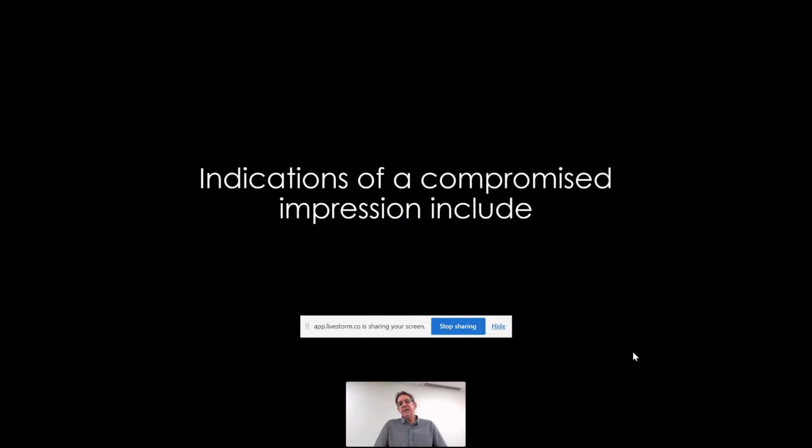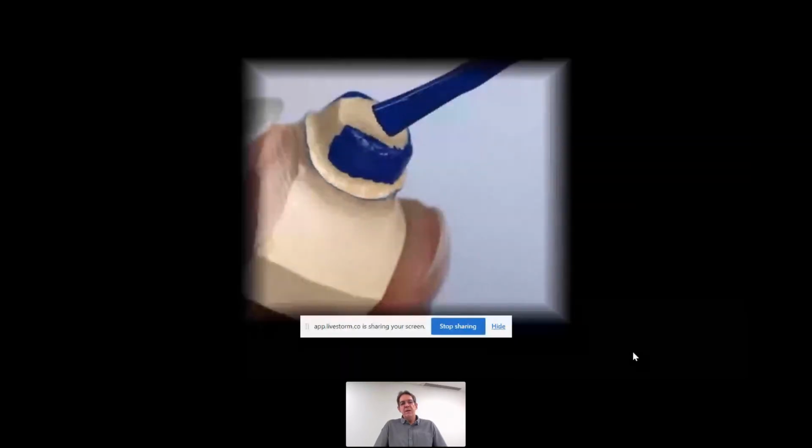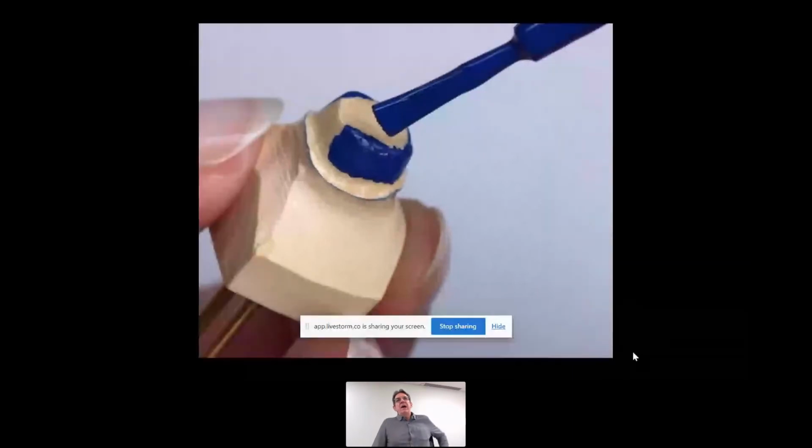So, if we look at indications of compromised impressions, what do they look like? These are some of the images that have been sent to me by laboratories of what they receive. Typically, an indication of a compromised impression is when the lab has to apply coats of die spacer to the model to ensure that the crown is going to seat properly.